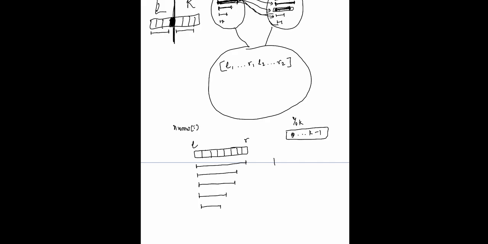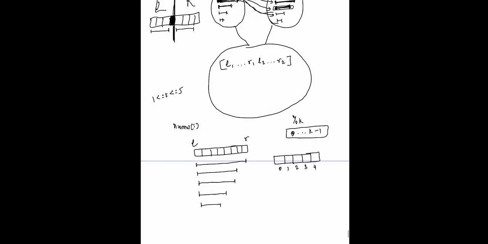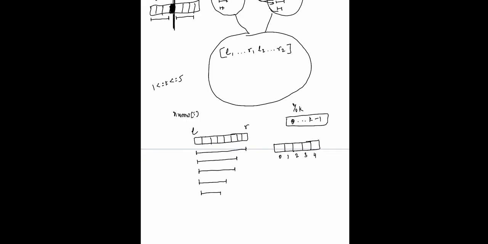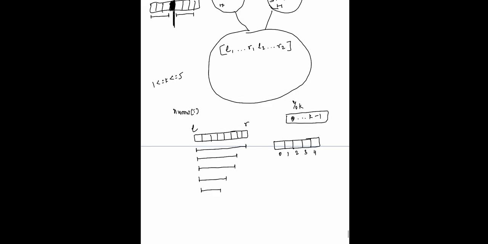So what I'm going to do is keep a remainder array of size 5. I did not show you the constraints earlier. So the constraints are k is 1 to 5, right? So the remainders in this case can only be from 0 to 4, right? This is what I'm going to keep. And in each of these, I'm going to keep the count of subarrays whose product, modulo k, has that certain remainder.